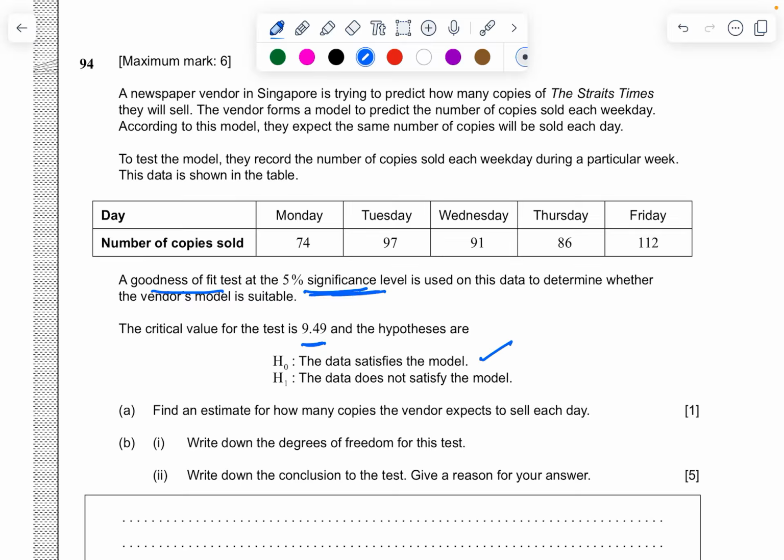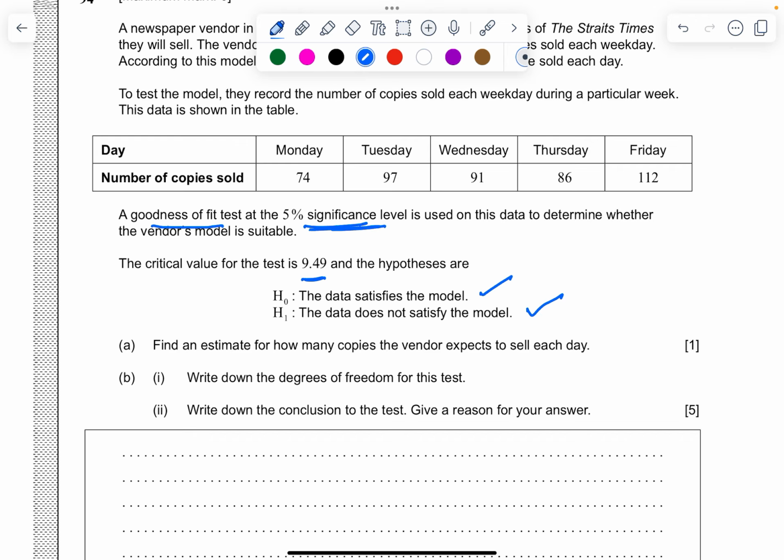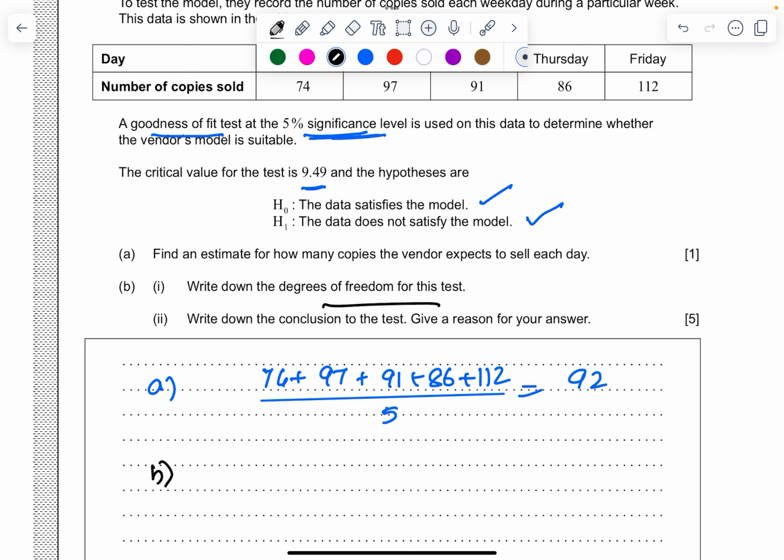The data satisfies the model. The data does not satisfy the model. Find the estimate of how many copies the vendor expects to sell on each day. So just an average: 74 plus 97 plus 91 plus 86 plus 112 divided by 5, which is going to be 92.